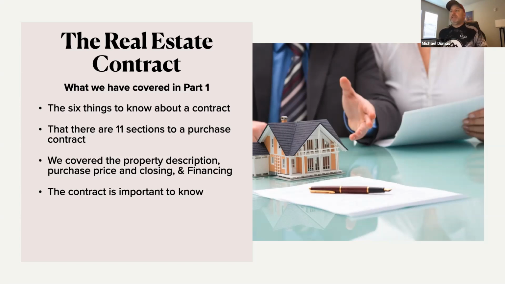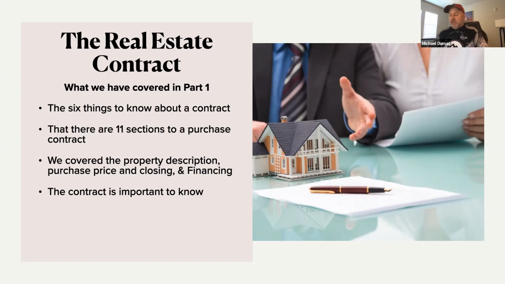The 6 things to know about a contract. We talked about how it has time constraints, it's amendable, etc. You can go back and watch the video for that. The 11 sections of a purchase contract, we just talked about that. The first video, we talked about the property description, the purchase price and closing, and the financing. And I always stress this, the contract is very, very important to know. It is the backbone of what we do, so you need to know it inside and out.